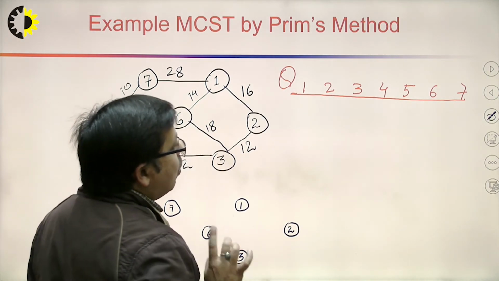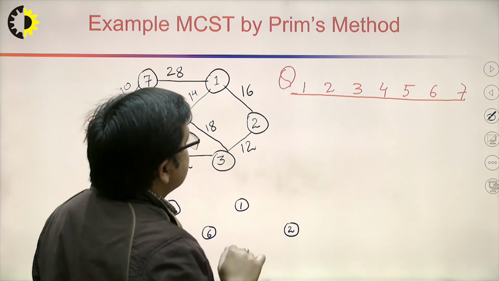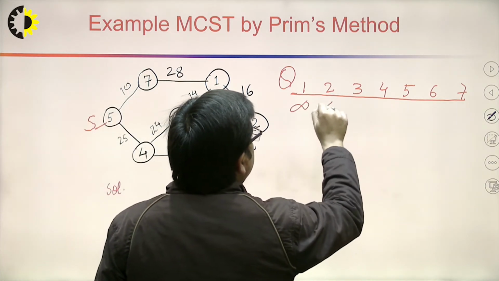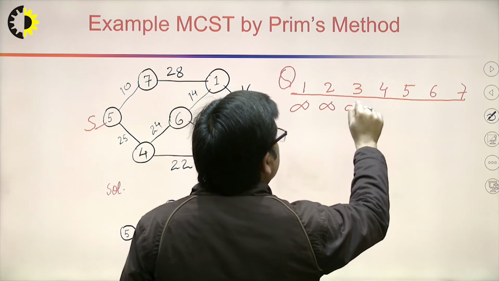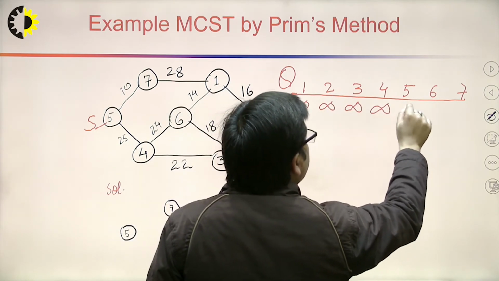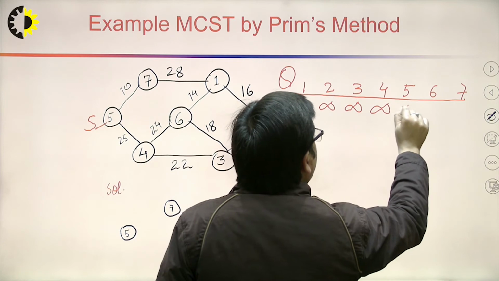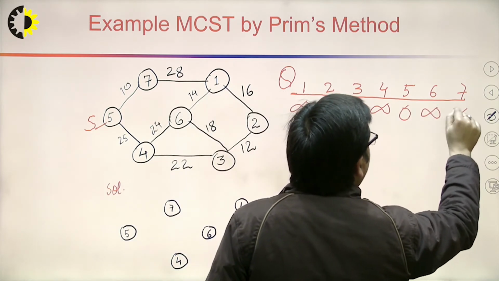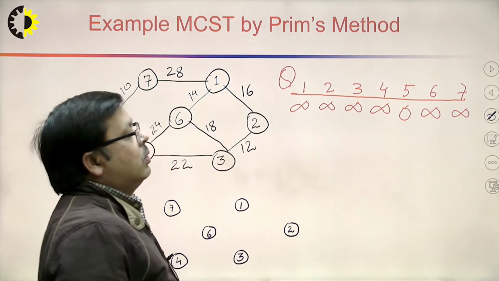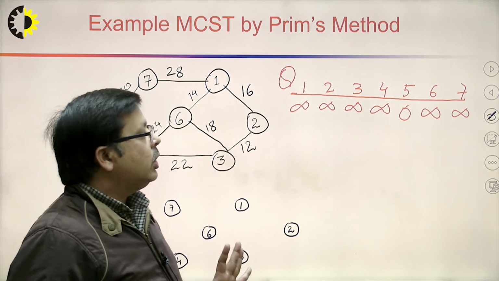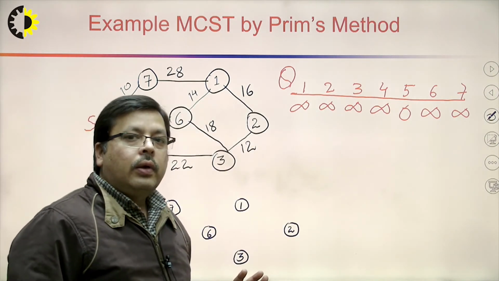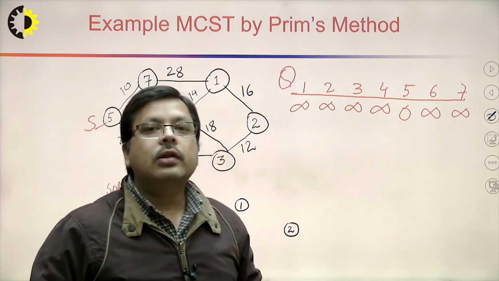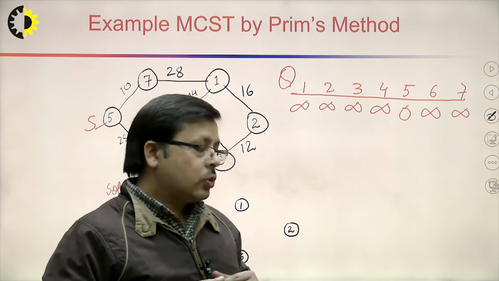So, how is the graph initialized? We assign the weight of all the vertices as infinity, except the source vertex. We assign the source vertex the weight 0.